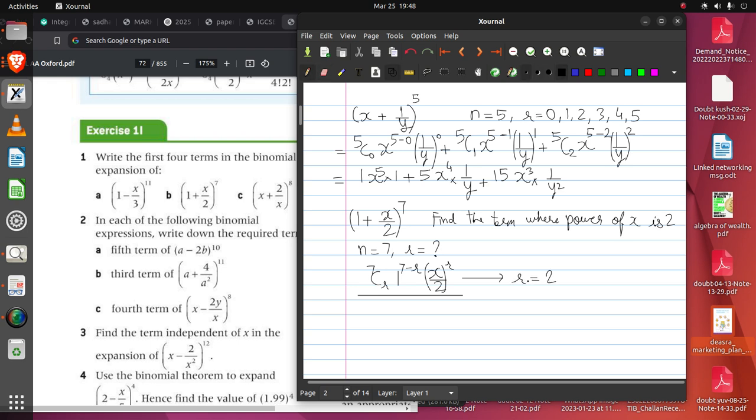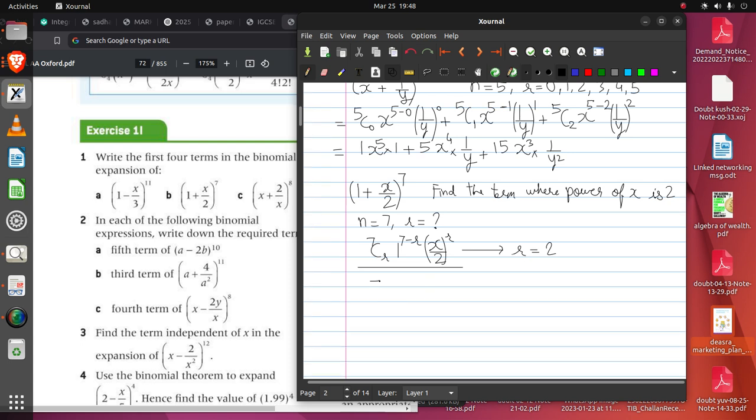So all I have to do is put the r value, which is 2, in this and calculate. That is it. I'll do x by 2 raised to 2. 7c2, 7 3s are 21, into x square by 4. So you have found directly the term which has x having the power of 2.